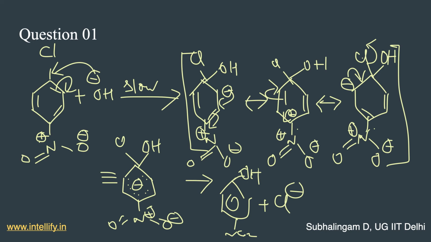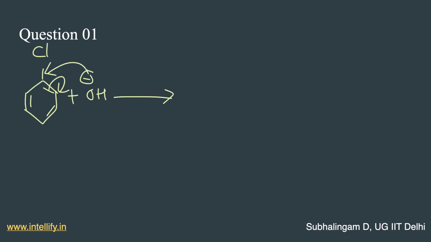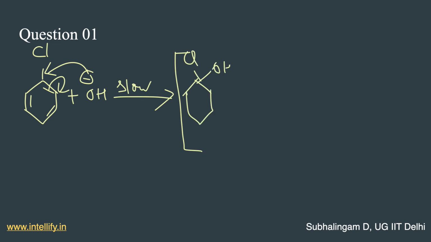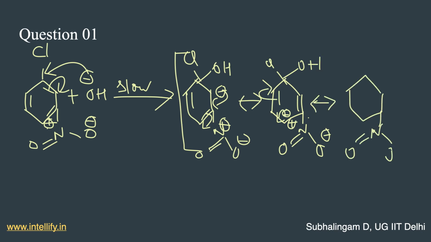So what happens if we have the nitro group at meta position? Let's try to draw it. So now I take the nitro at meta position. I again forgot NO2 group, I'm sorry. Yeah, so now we get similar resonating structures we can draw, it's pretty much the same thing. By the way, I have skipped the nitro at ortho position.